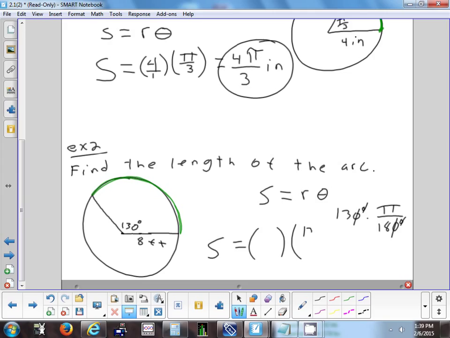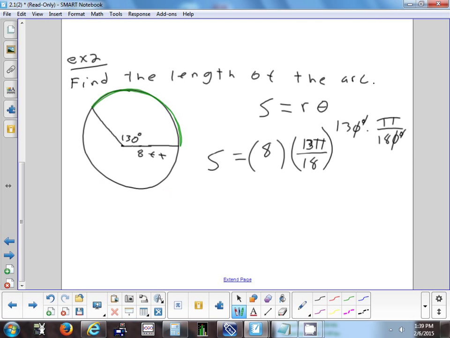So I'll fill that in: 13 pi over 18. What about r? What's my radius in this one? 8. How could I make it a fraction, just like the other one? Put it over 1. Now when I multiply together, what number goes into both 8 and 18? 2.